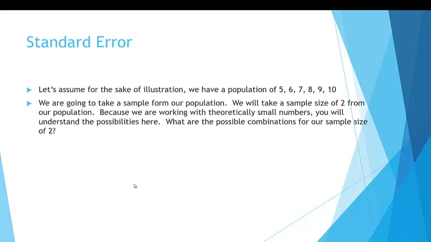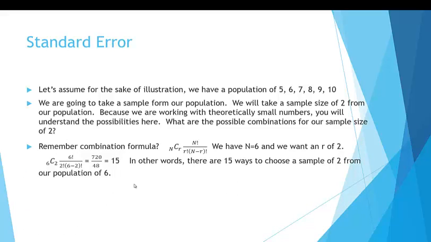So, in working with only 6 numbers, we can quickly determine the possible ways that we can combine these 6 numbers to get a sample size of 2. We did this from our formulas in a previous module where we looked at the combination formula. And that was using factorials, and nCr means that n is the total number of cases that we have. r is the number of trials that we want.